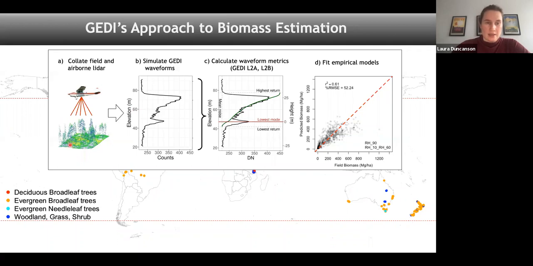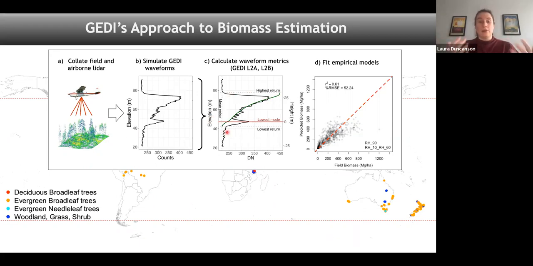But essentially, we take this point cloud and we make it look like GEDI waveforms. And then we run those GEDI waveforms through the same algorithms that our actual on-orbit products go through to fit where a ground elevation would be, to calculate the maximum height, the mean height, the distribution of foliage, etc. So we get all sorts of quantitative descriptors of these simulated GEDI waveforms.